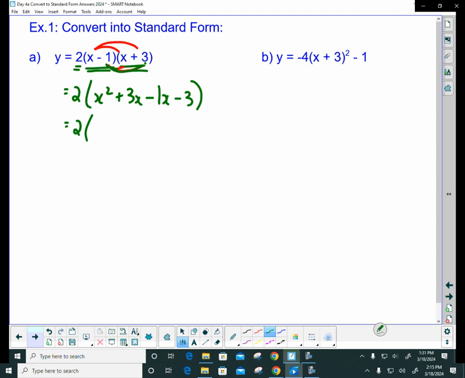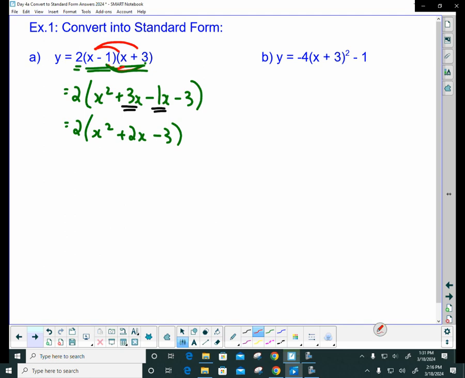And now, of course, I can simplify inside the brackets like its own little question. I've got common like terms, 3x and minus x, so that's x squared plus 2x minus 3. And now that's multiplying the last two things together. Now I have to take that answer and multiply it by 2, the third thing that I see here.